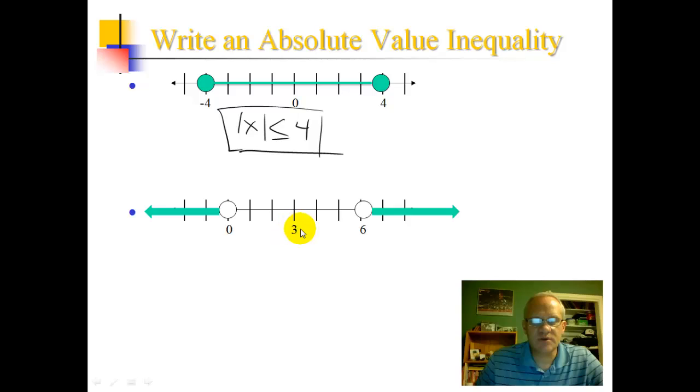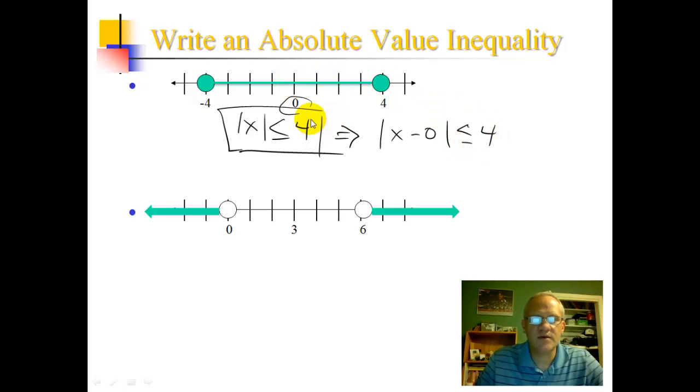Now, what do you do in this last one here? Ooh, this is a little trickier because before they were 4 to the right from 0 and 4 to the left from 0. Here, the middle part is not 0. That's a little tricky. Well, here's what technically happened in the previous one that you probably didn't realize. The pattern is that you would say x minus whatever's in the center, in this case it's 0, is, in this case, less than or equal to 4.